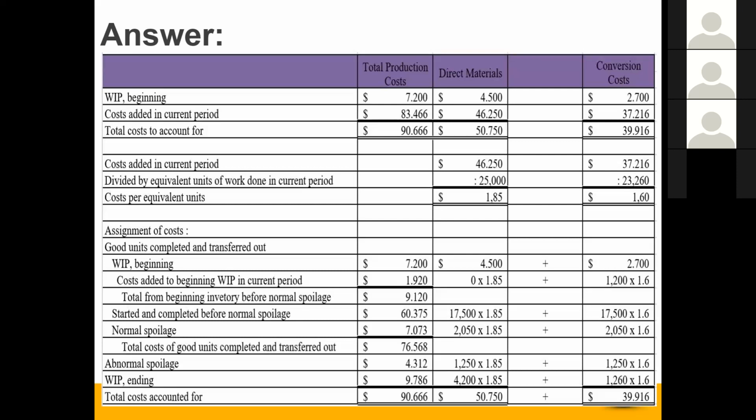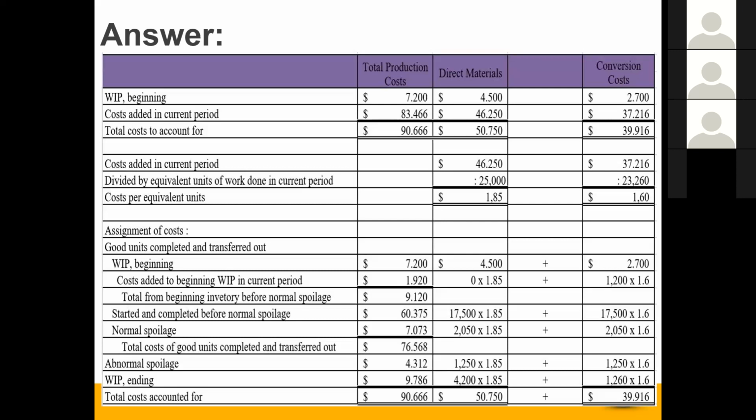The total cost of good units completed and transferred out. The total production cost is 76,568. Abnormal spoilage. Total production cost is 4,312. Direct material is 1,250 times 1.85, plus the conversion cost is 1,250 times 1.6.